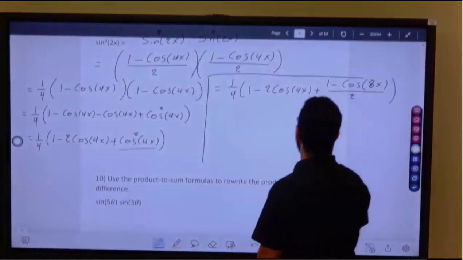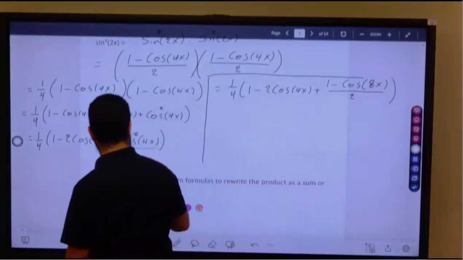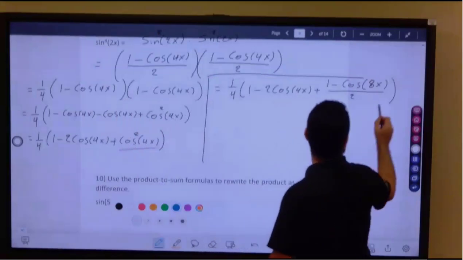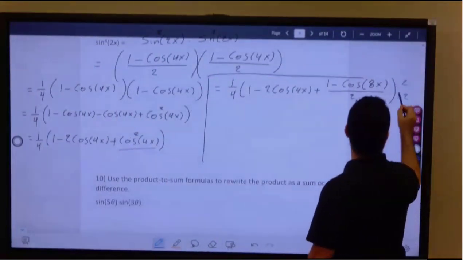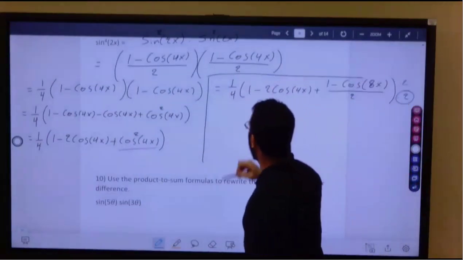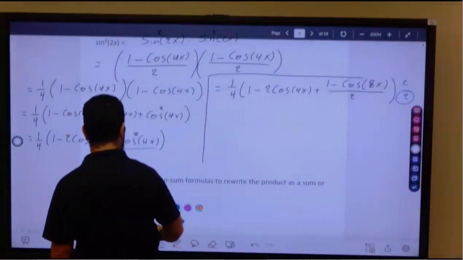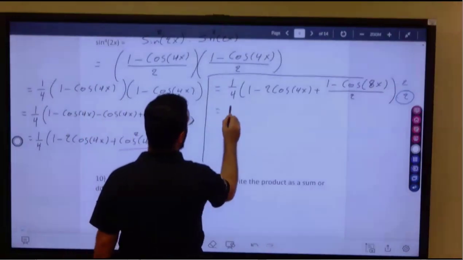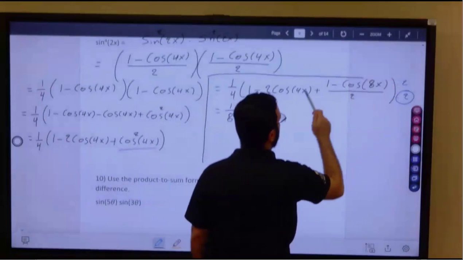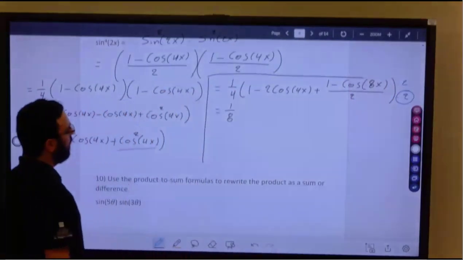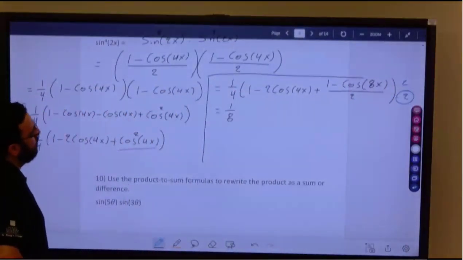And we're going to do exactly the same thing that we did on the previous one. We're going to multiply by 2 here. Take this 2 with the 4, so it's going to be 1 over 8. And then distribute this 2 here. But before we multiply, here it's going to be 2.